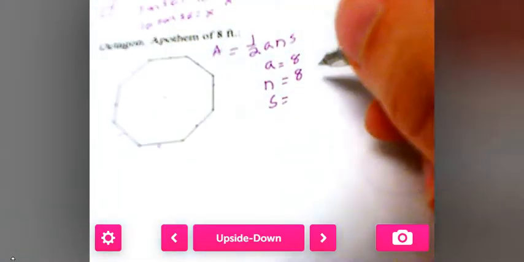Remember, we have to do 1/2 the apothem times the number of sides times the length of the sides. We know that the apothem is 8. How many sides are there? 1, 2, 3, 4, 5, 6, 7, 8. And we're looking for the length of the side, right? That's what we don't know. So I'm going to set up the right triangle, and I'm going to let you do the rest.